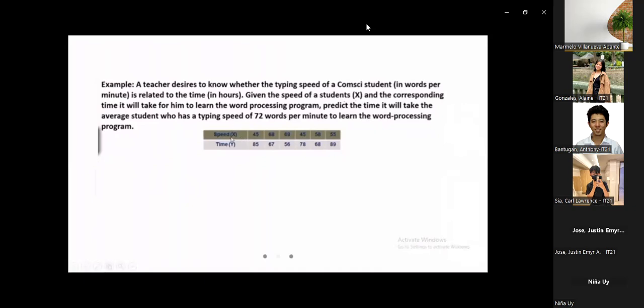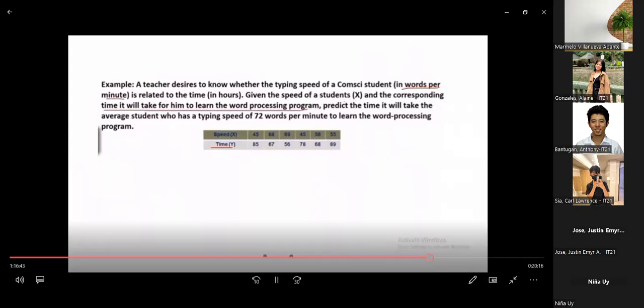So, yung speed, tinutukoy dito is yung words per minute. Tapos yung time naman, tinutukoy nito yung time it will take for him to learn the word processing program. So sa problem na to, ang hinahanap is yung y, the time.